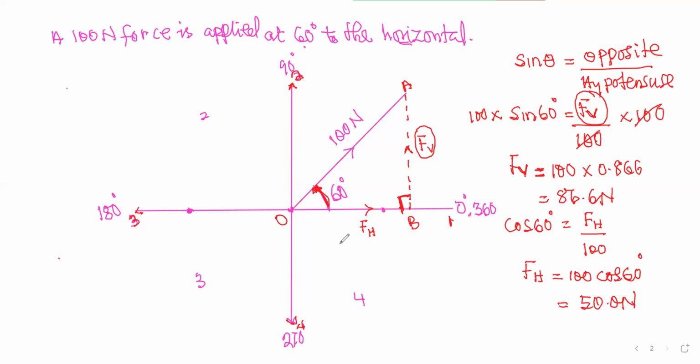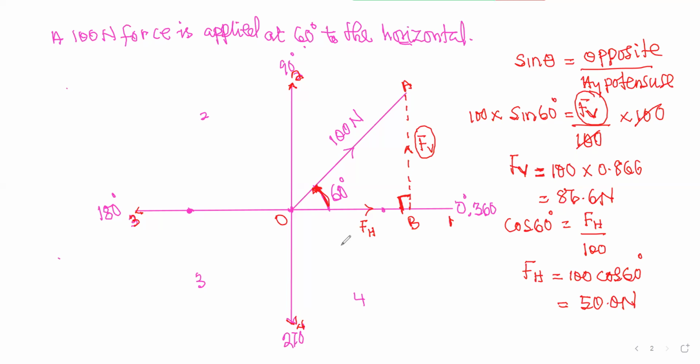Please, is there any other question? Okay, let's look at the third question. Calculate the resultant if another 80 Newton horizontal force is added. Listen to the question so attentively.